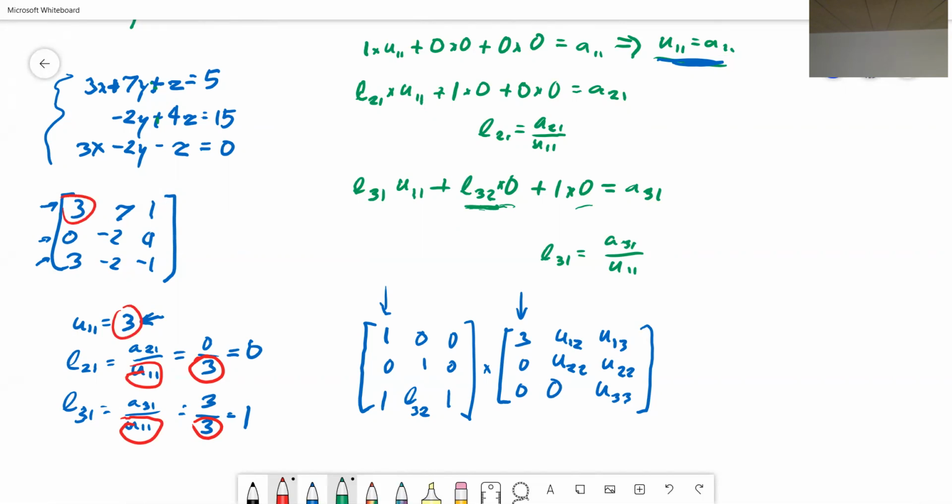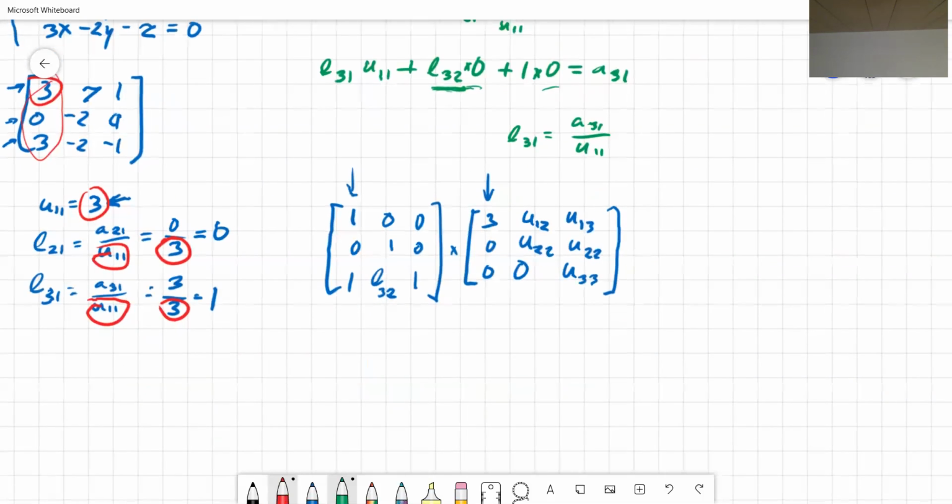So what do we do in this case? Before starting to work with the column, we would pivot, just as in Gaussian elimination. We will look at the column and look at which is the biggest absolute value in that column. And we will swap those two rows, and then we will go on to do the LU decomposition, right?